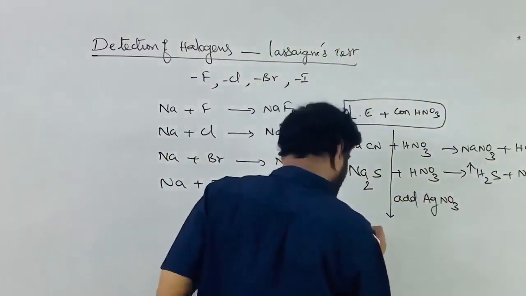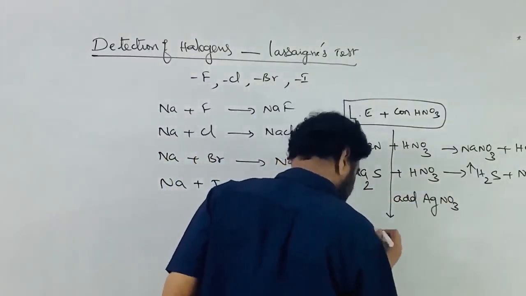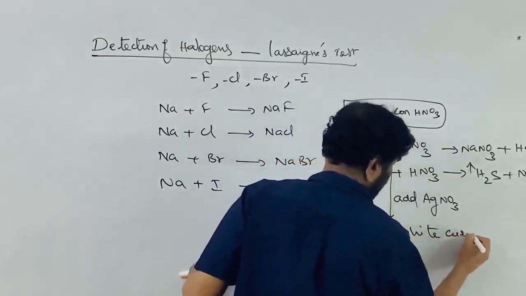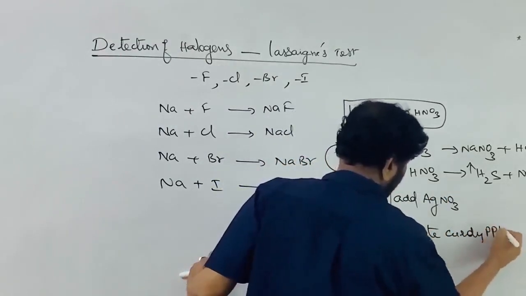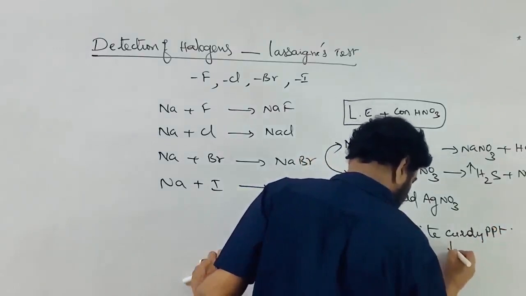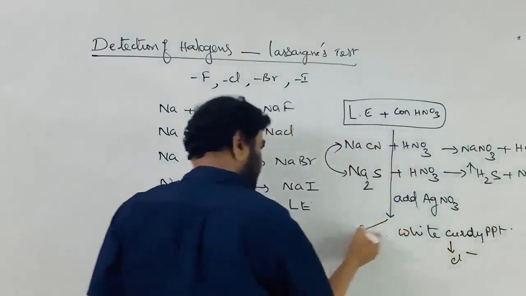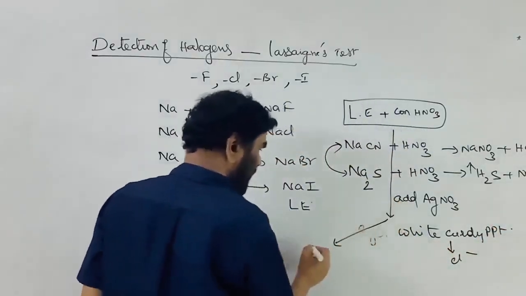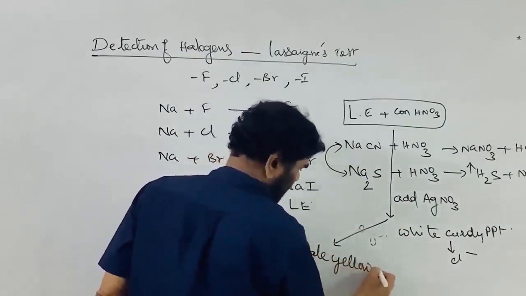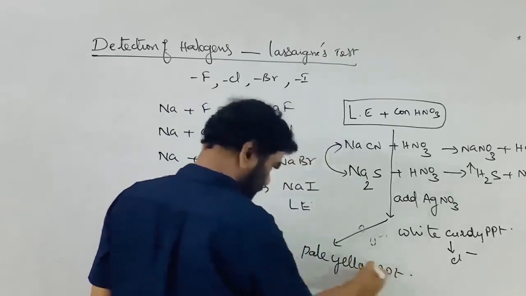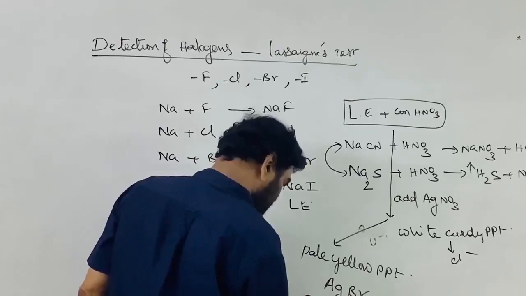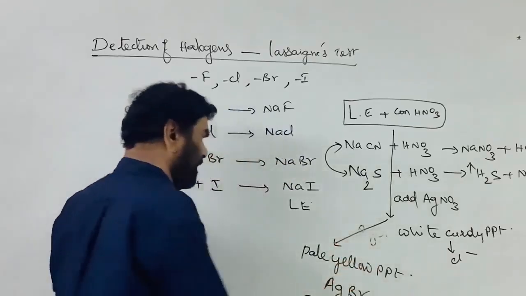AgCl is formed, a white curdy precipitate. If a white curdy precipitate is formed, the chloride ion is present. If on addition of silver nitrate a pale yellow precipitate is formed, that is silver bromide, which indicates the presence of the bromide ion.